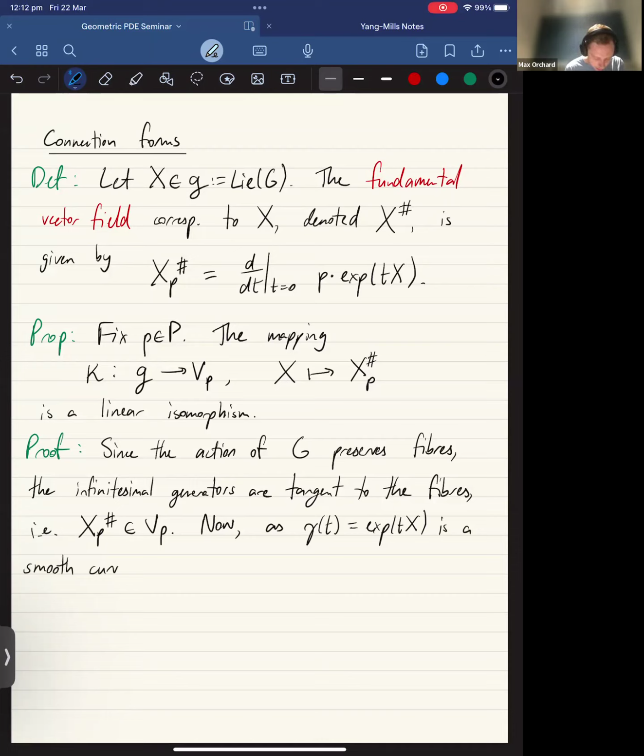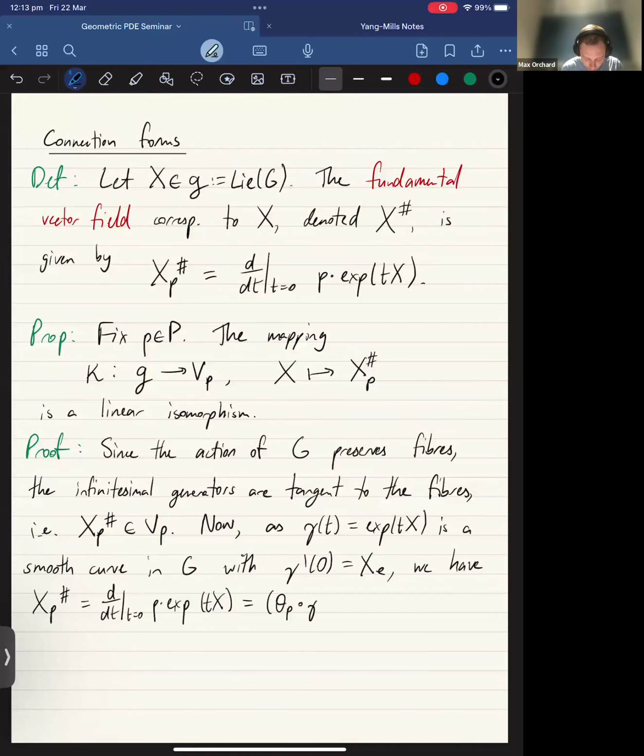Now this is a smooth curve in our Lie group whose derivative at the identity is simply just X evaluated at the identity by definition. We can rewrite this as this here, where theta sub p is the orbit map.